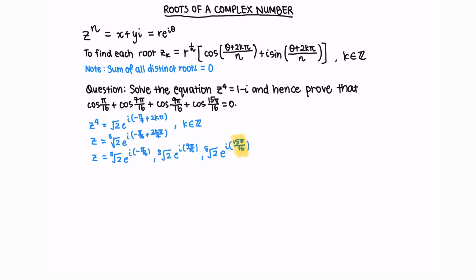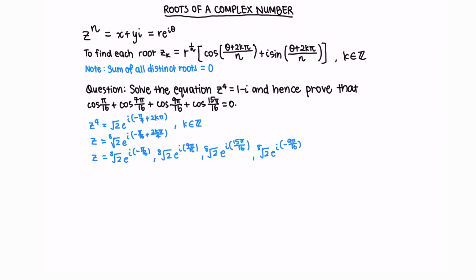Now that we get 15 pi over 16, this is actually very close to pi, right? Which is very close to the upper limit of the principal argument. So what we want to do is actually take negative values of k. e to the power i, and then let's take k equals negative 1. We get negative 9 pi over 16. Again, I'm substituting k equals 0, 1, 2, and then negative 1 over here. Okay, so we have solved this equation with our 4 unique roots.